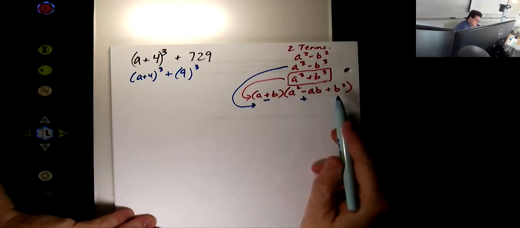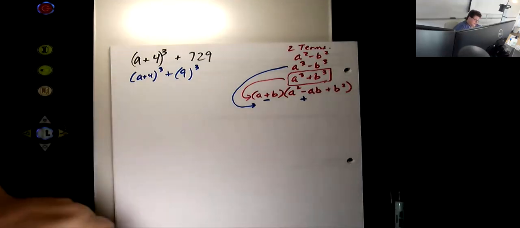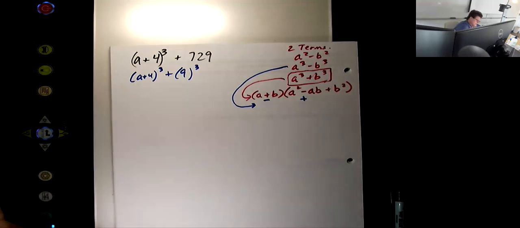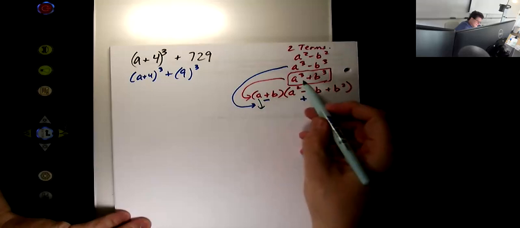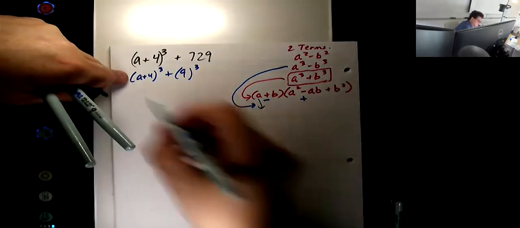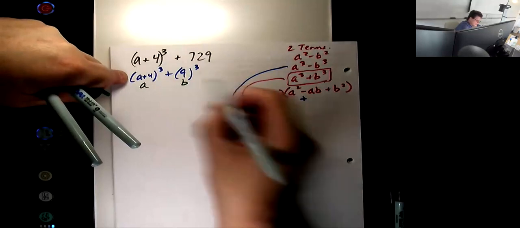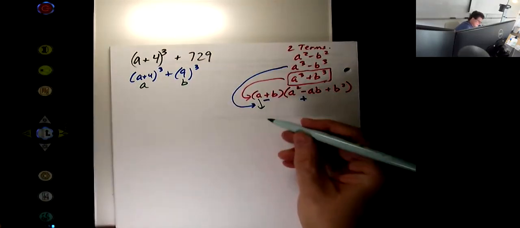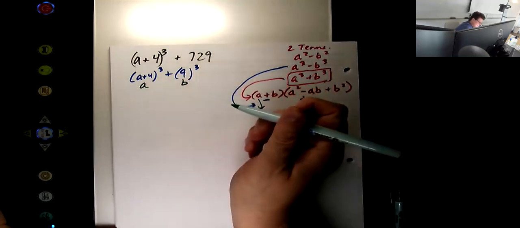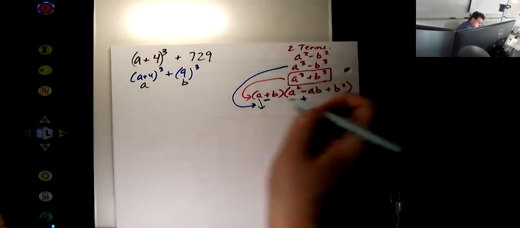We're doing this top one here, and I wish I hadn't used A and B because we've got A's over here. But this A right here is the a plus 4, and that's the B.